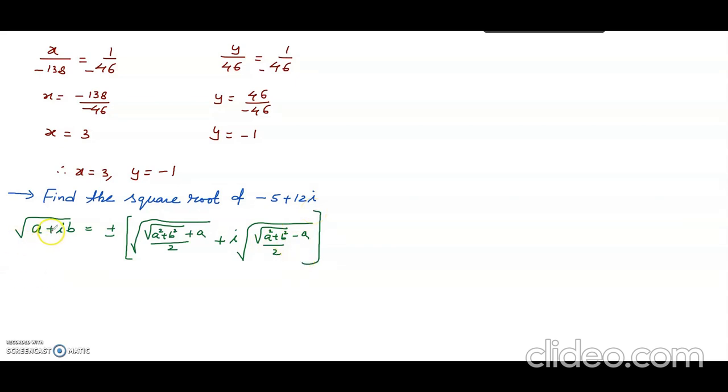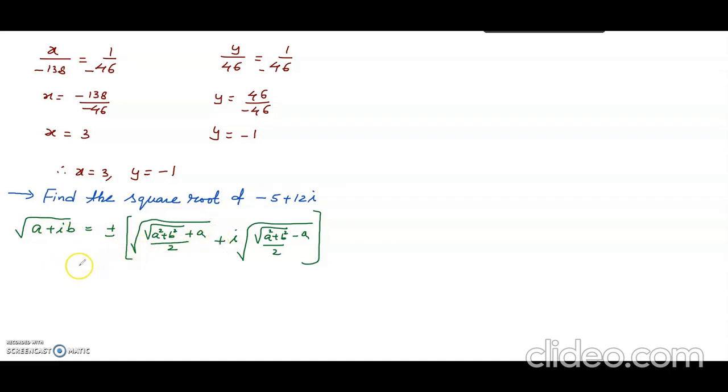When you have plus in the middle you will write plus here. When it is a minus ib form, you have to use minus i into the root term. Remember, when it is a plus ib form, the middle sign will be plus. When it is a minus ib form, the middle sign will be minus.